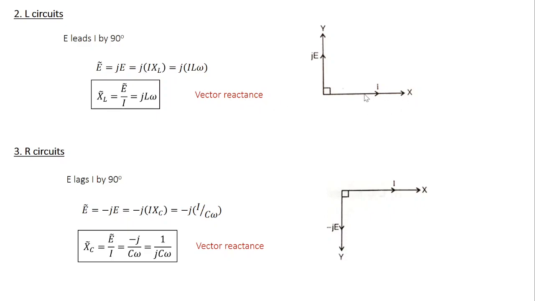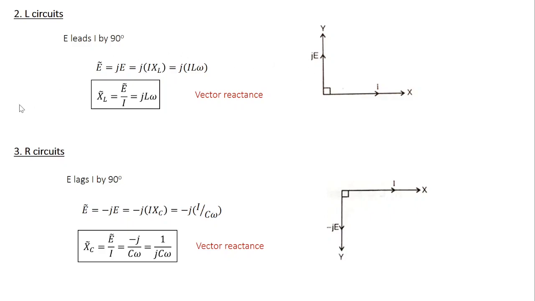So I have current along the x direction and voltage leads current by 90 degrees, right? And the angle of lead is represented by a multiplication by plus j. So you multiply the voltage E with plus j. Now this indicates that voltage leads current by 90 degrees.